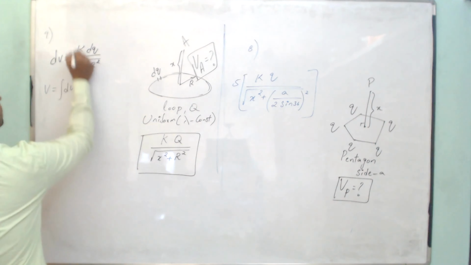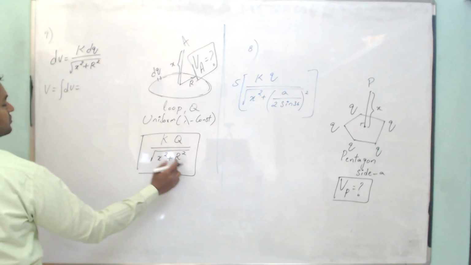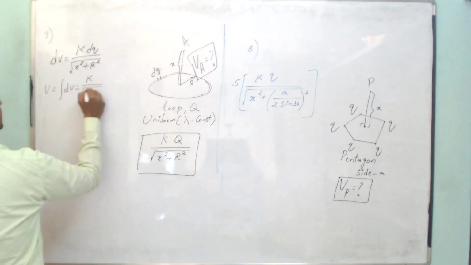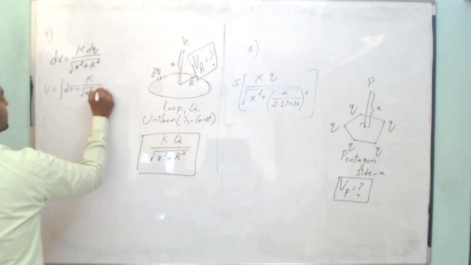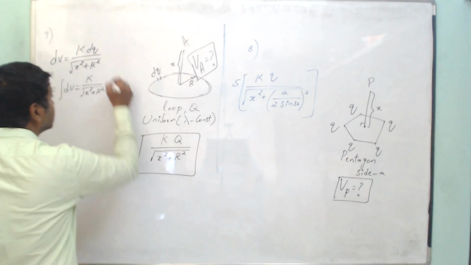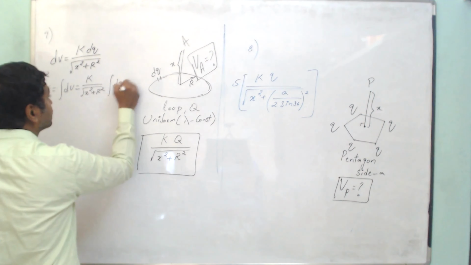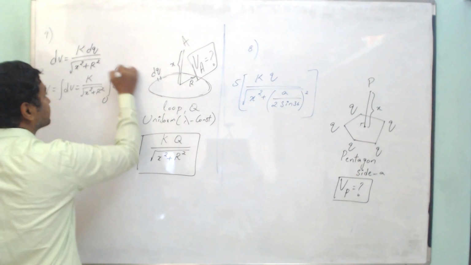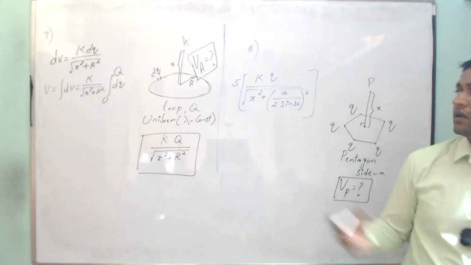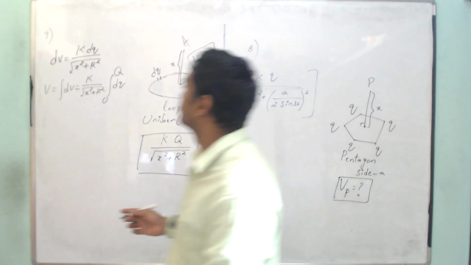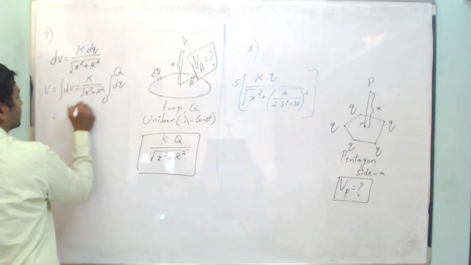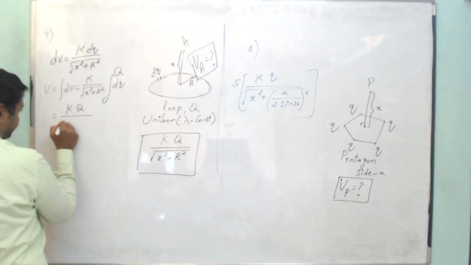X, R and K are all constants, so I write k divided by under root x square plus R square outside, and the integral of dq from 0 to Q. Then I give the answer. Clear?